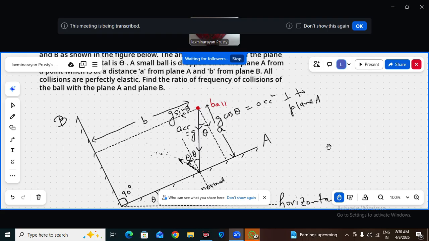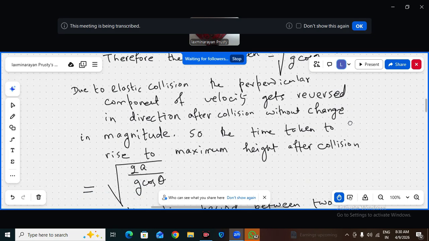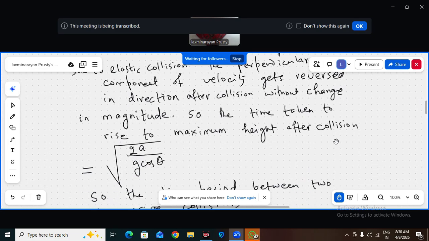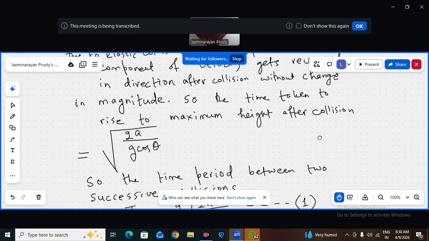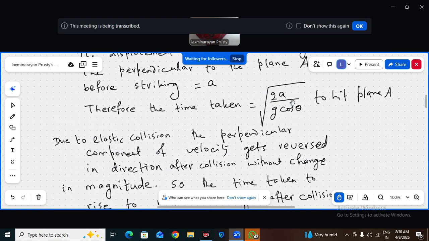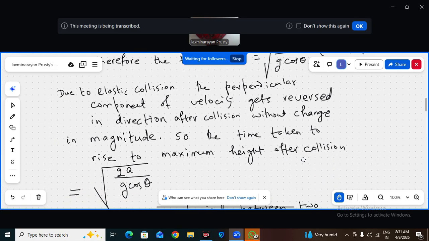So what is the maximum height? The time taken to rise to the maximum height after collision will also be root of 2A by g cos theta. Am I clear? Whatever time it takes to fall onto the plane, the same time it will take to bounce back to the maximum height. So both the times are the same.